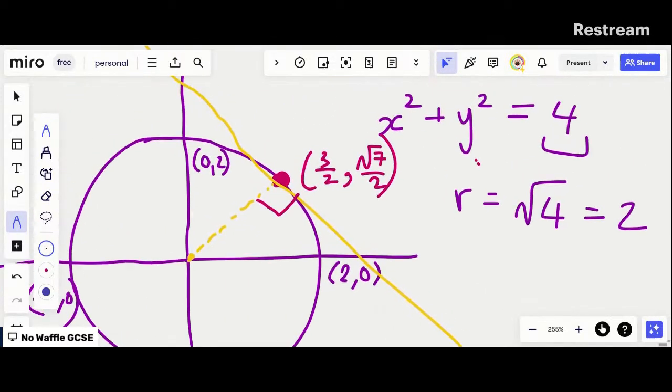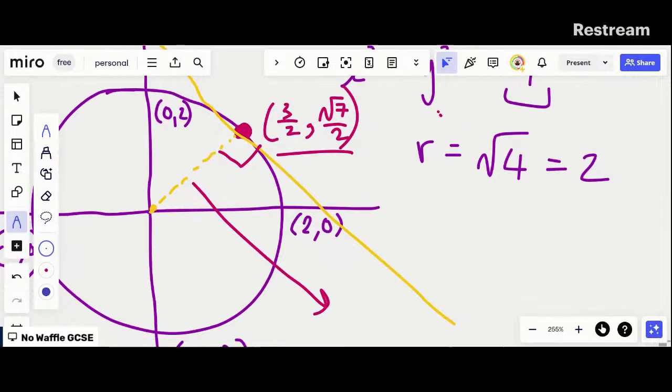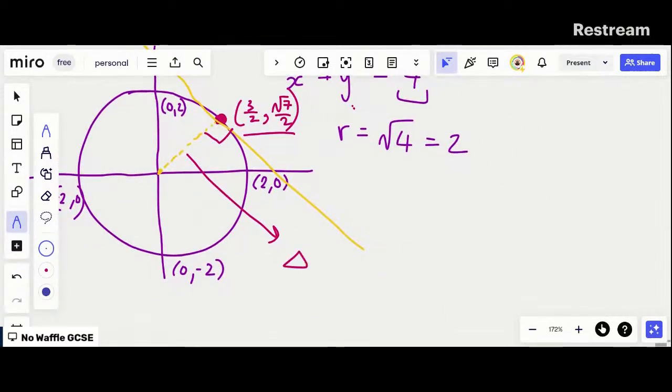We've got the coordinates. So the gradient of the radius is going to be, remember, the change in y over the change in x. The change in y is root 7 over 2, and the change in x is 3 over 2. So the overall gradient is root 7 over 3.